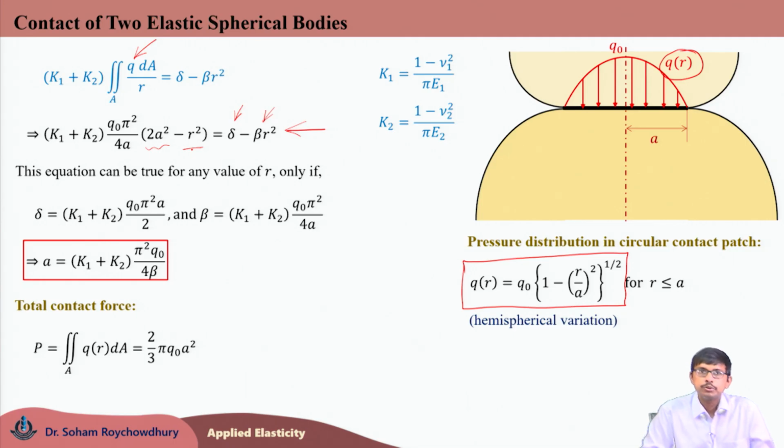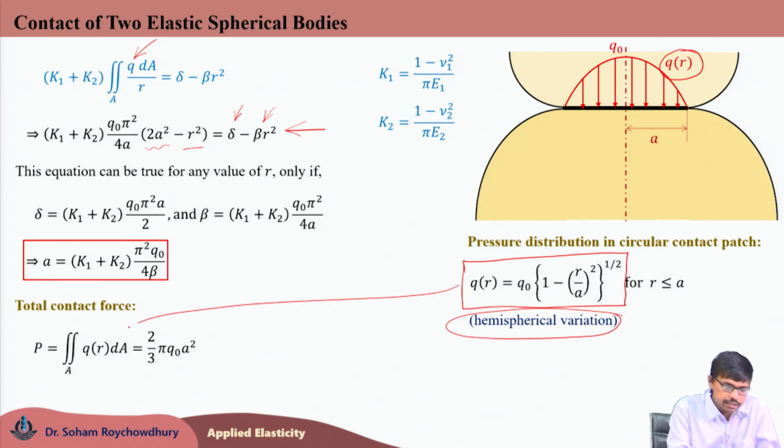P is equal to the area integral of the contact pressure. This comes from the force balance of any one body in the normal direction. So, P is equal to the area integral of q(r) dA, for q(r) having a hemispherical pressure variation like this. If you substitute this equation here, you get P to be 2 by 3 pi a square times q naught.